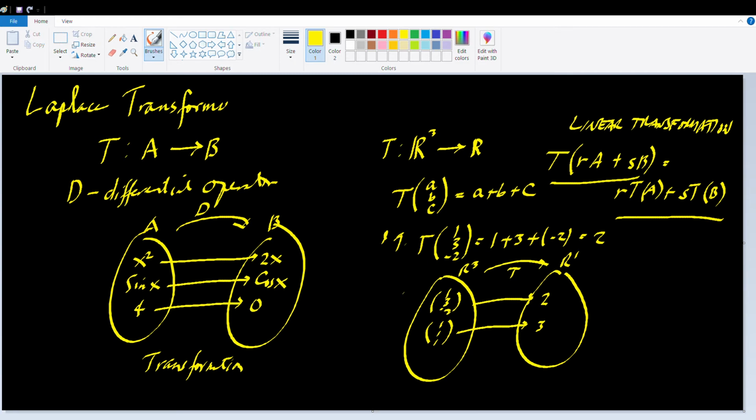The Laplace transforms fall under the so-called integral transforms.